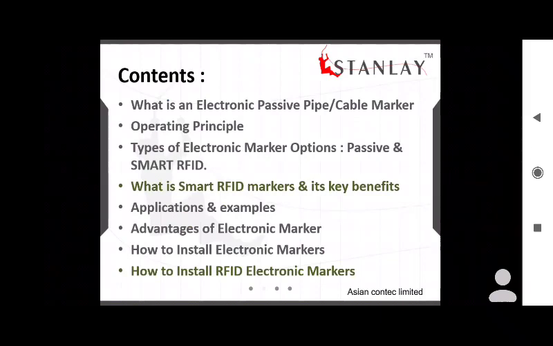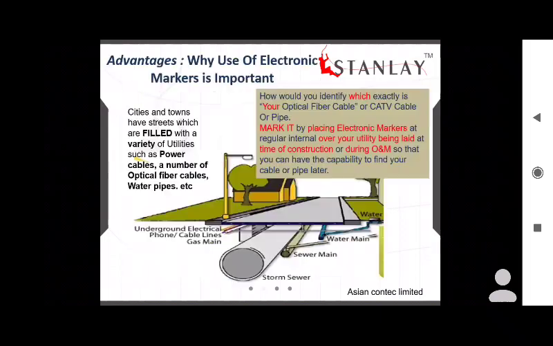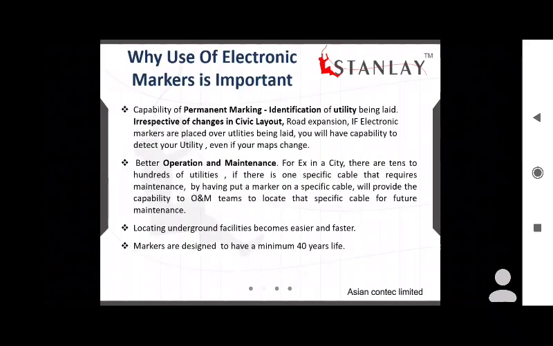At that fault point, these markers can be put because it also has a feature of adding attributes to a particular marker. Let's say if there was a joint failure and you found a fault, and at that time you have put this marker, you can write that this was the joint, this was replaced on this particular date, this was provided by this contractor, so that if that jointing kit is under warranty, you can even claim that. So there are various usages of this RFID marker for maintenance purposes.